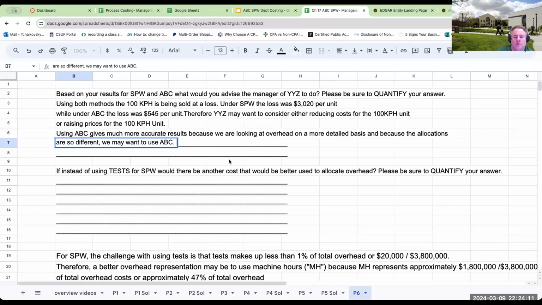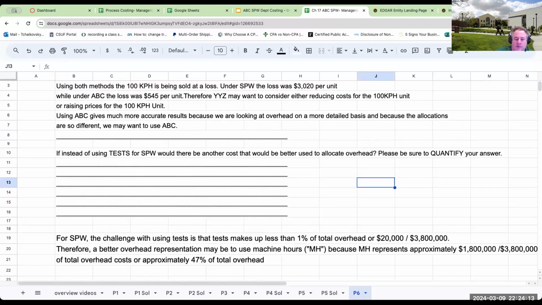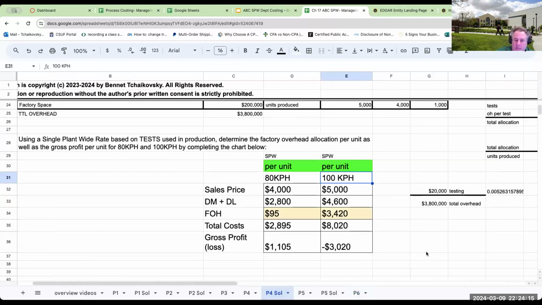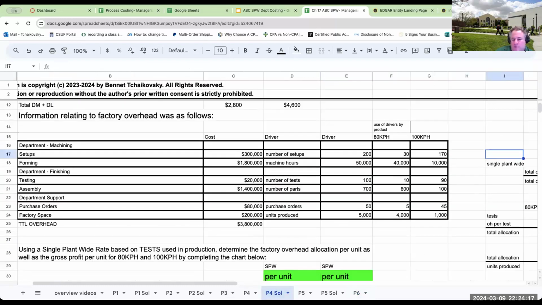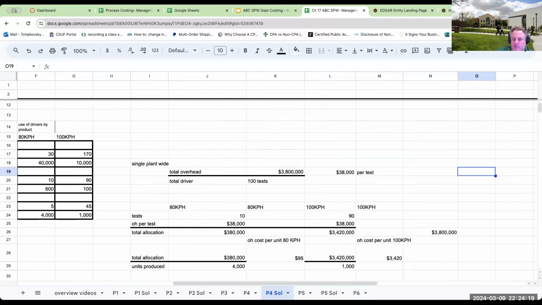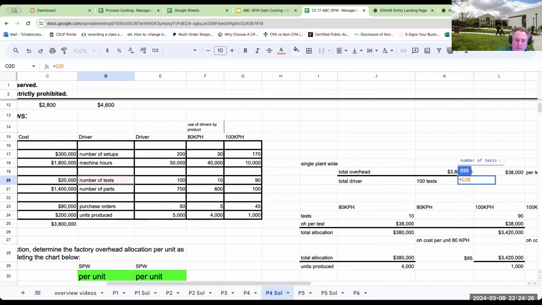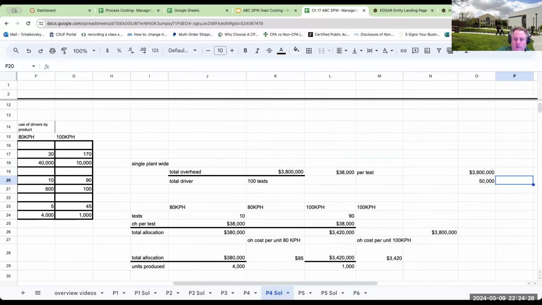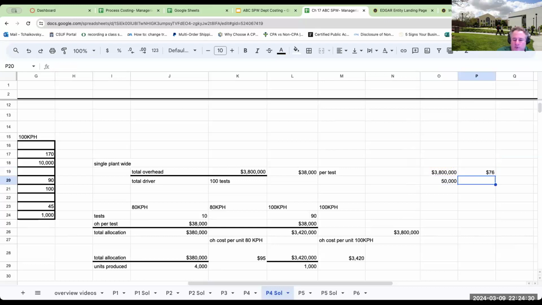Now, the one thing is, though, that had we gone back over here, and instead of basing it on tests, if we would have said, okay, let's go ahead and do this based on machine hours, right?